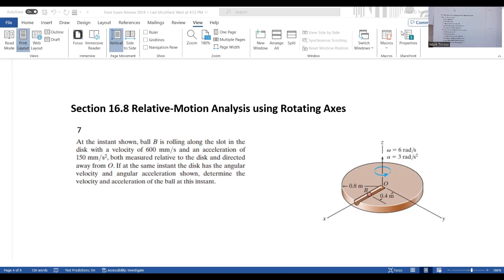So we're going to use those for our V_B/A and A_B/A. So let's take a look at that.